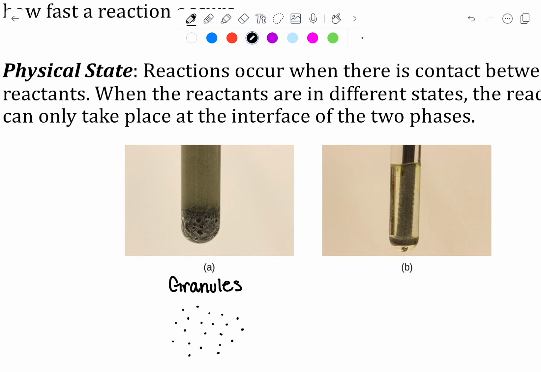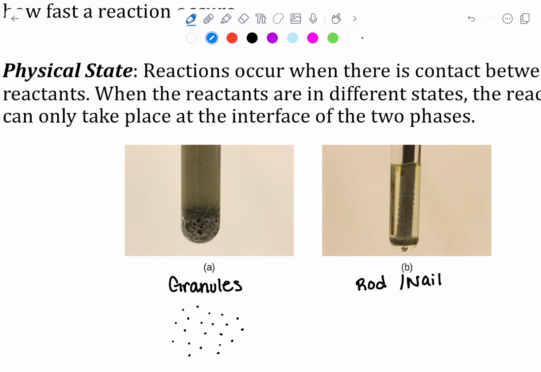And then in the second image, I have a rod or a nail that is made out of iron. So we can see from these two images that the iron granules are reacting more vigorously than the iron nail.